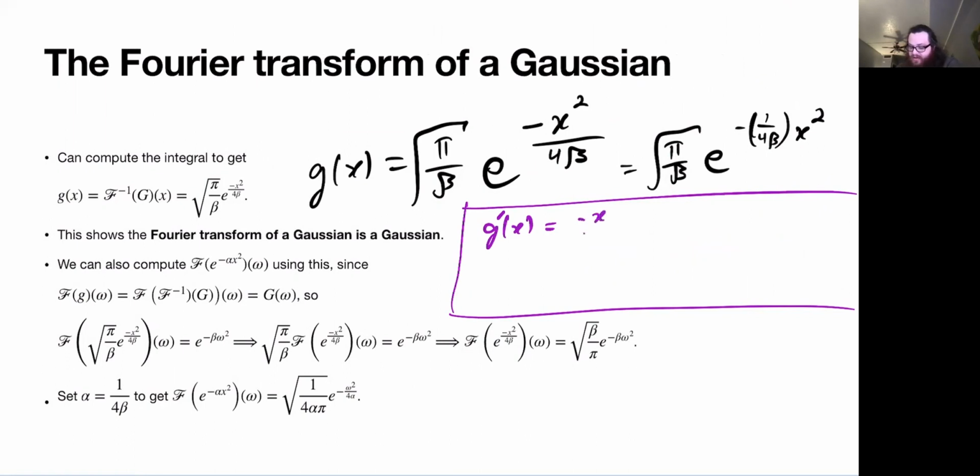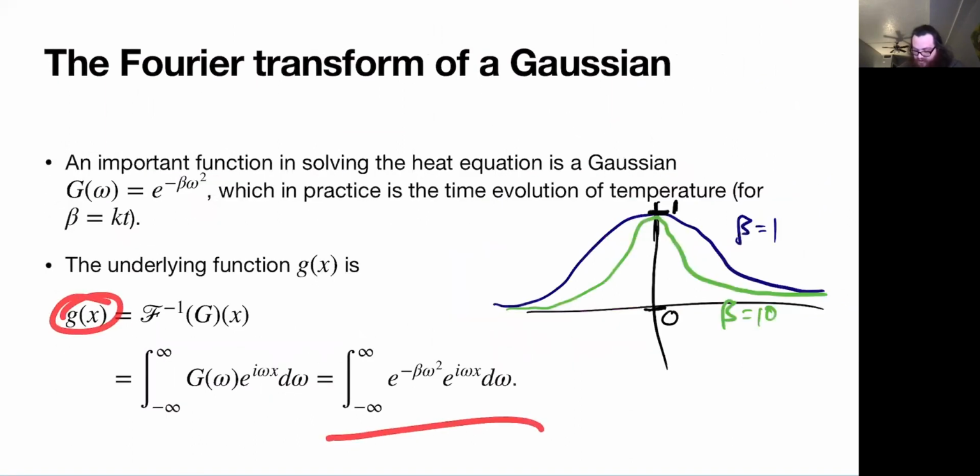G prime of x is minus x over 2 beta g of x, with the initial condition g of 0, which if we look at the integral, g of x is this integral, plug in x equals 0, you're going to plug in a 0 there. So this whole thing is 1. So we just have that term.